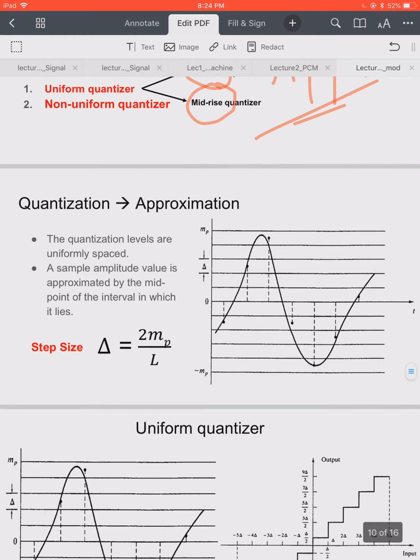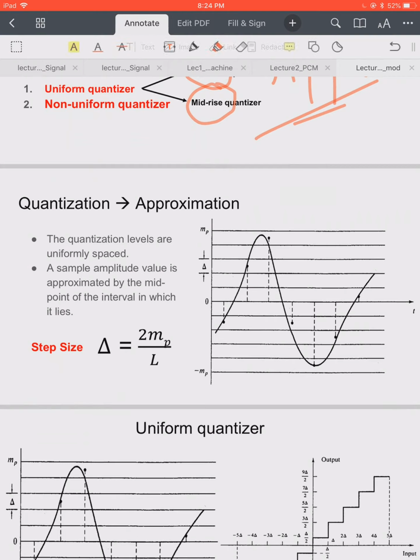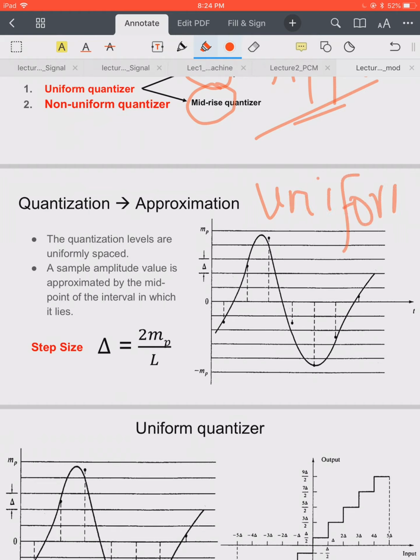I told you that quantization is basically an approximation technique. So here I am going to give you an example of uniform quantization, where each quantization level is uniformly spaced. That's why it is called uniform quantization.